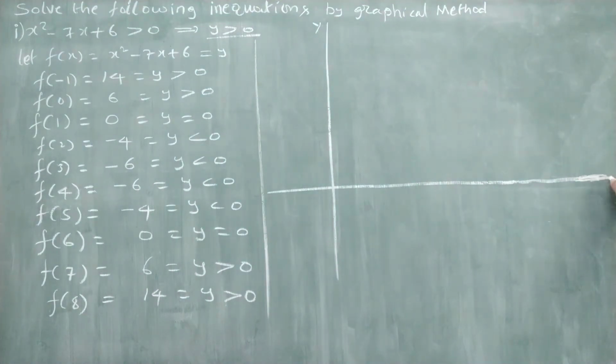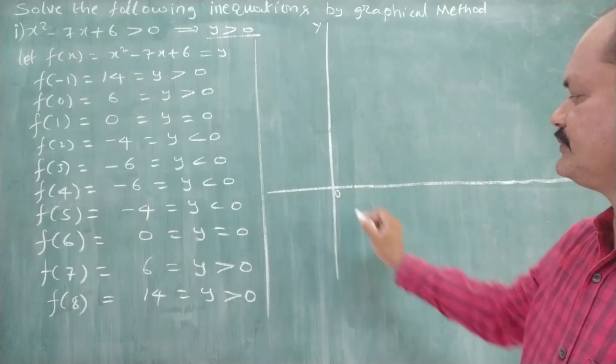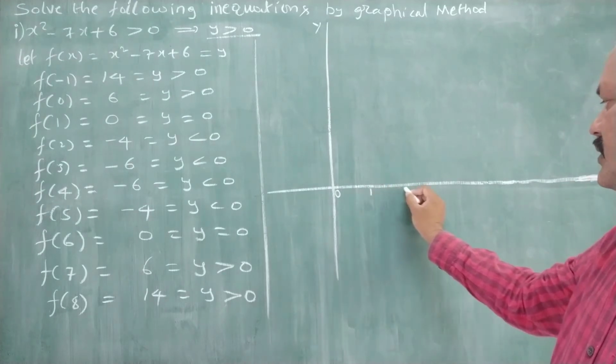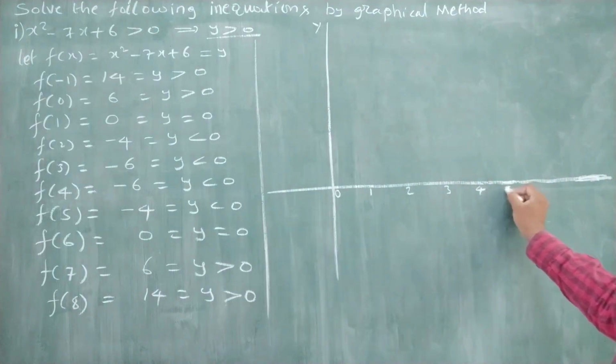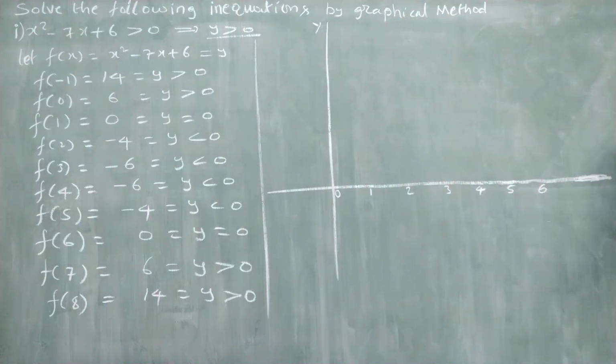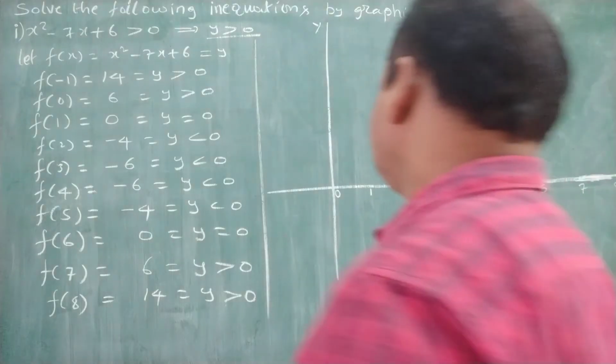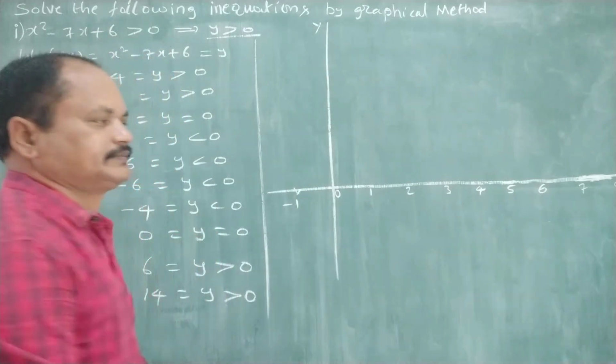The values of x on the x-axis, so the domain belongs to the x-axis, and the range belongs to the y-axis. Now here it is 0, here it is 1, here it is 2, here it is 3, 4, 5, 6, and 7 and 8 on the x-axis. Now here this is minus 1, right?